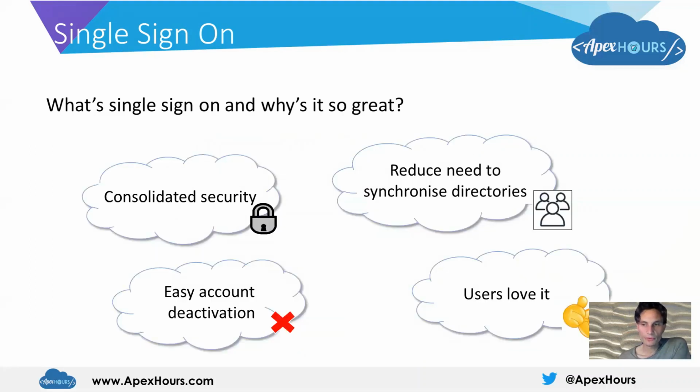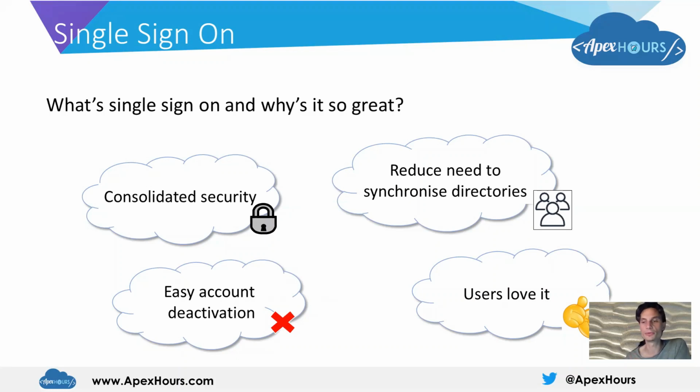So just a few points around why we like single sign-on in general. It provides a way of consolidating the security around user login in one place. So if we have all our applications in an enterprise being authenticated by a single identity provider or OpenID Connect provider, that means we can ensure there's a baseline level of security applied to user logins everywhere.